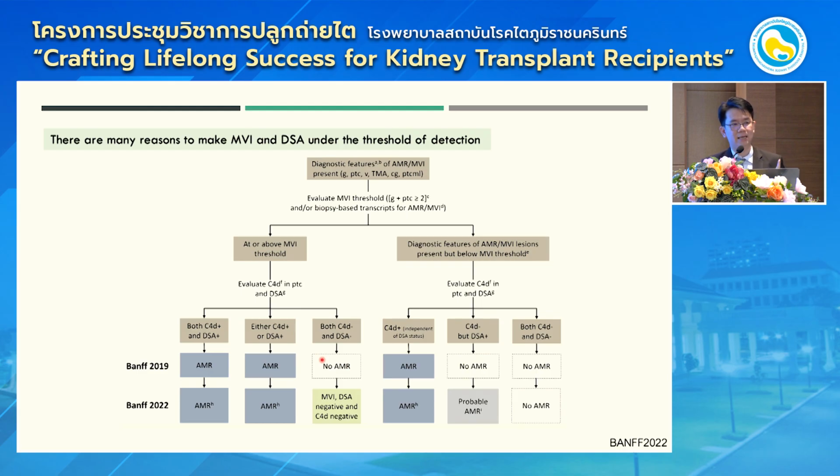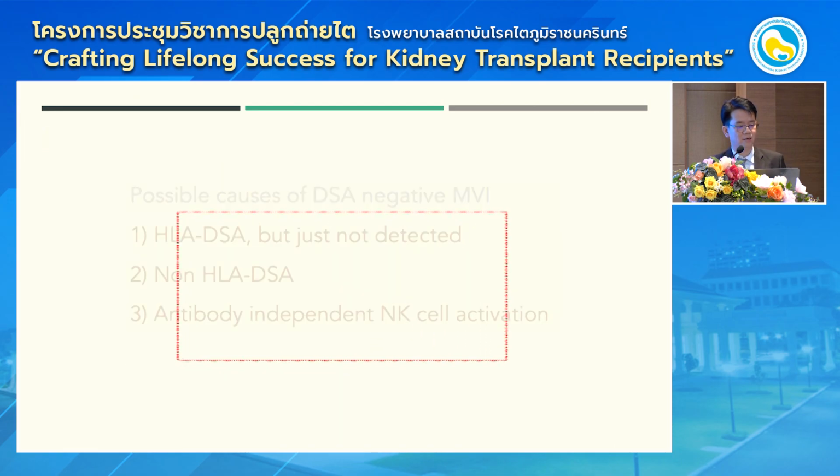But anyway, any inflammation in the graft always has some problem. So they still categorize this patient as no ABMR, but they have the new category of MVI without DSA and C4d. Okay, let's take a look at this new category, which sometimes we find in our patients.